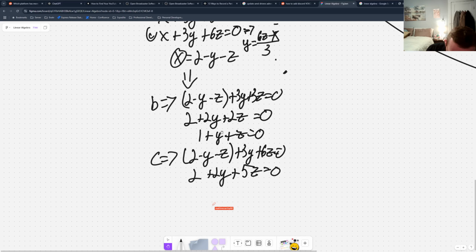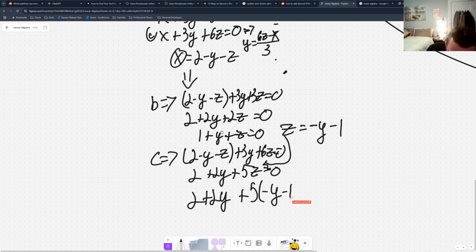So let's say z equals negative y minus 1, right? So if z is negative y minus 1, then we can plug z in here and get 2 plus 2y plus 5 times negative y minus 1 equals 0.